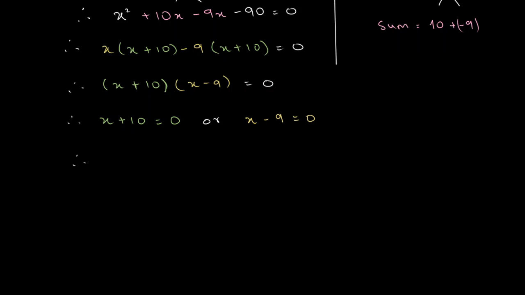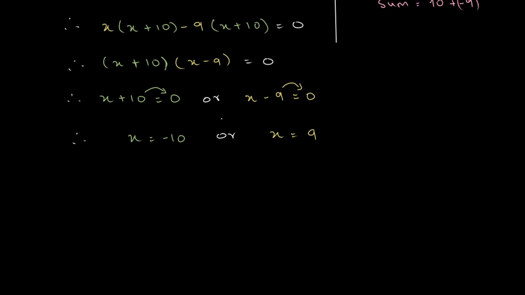Let's solve these two equations now. Solving the first equation, x plus 10 is equal to 0, take the plus sign to the other side, becomes minus. So x is equal to minus 10. Or if I solve this equation, take the minus sign to the other side, becomes plus, so x is equal to 9. Now, in our question, we've been told that 3x is a natural number. If you multiply 3x where x is minus 10, you'll end up with negative 30, which is not a natural number.